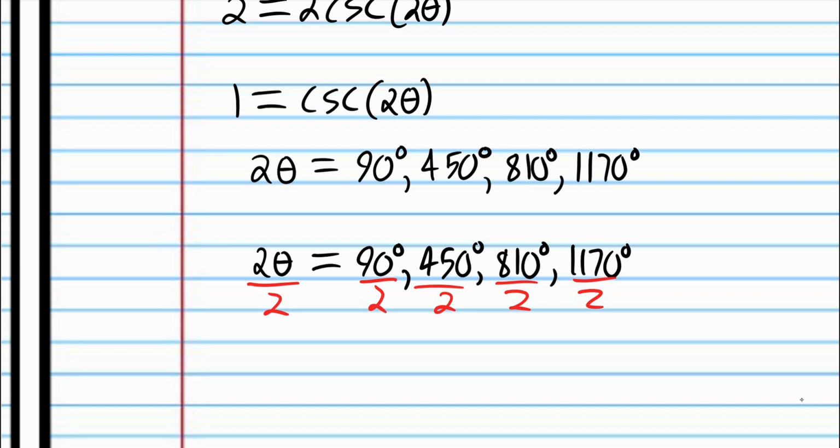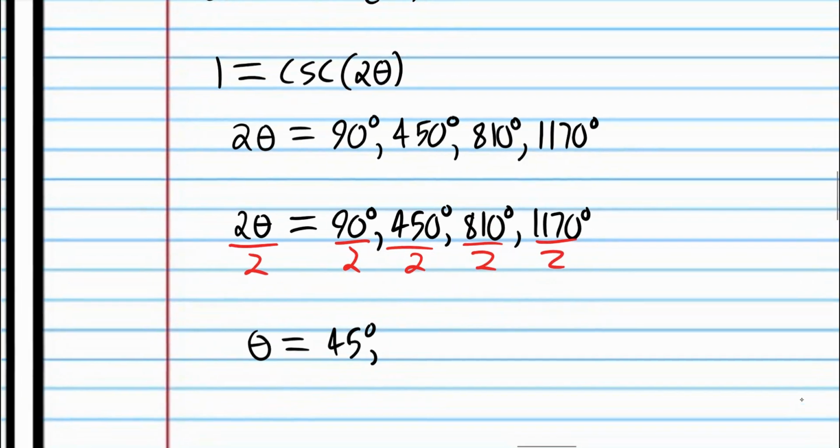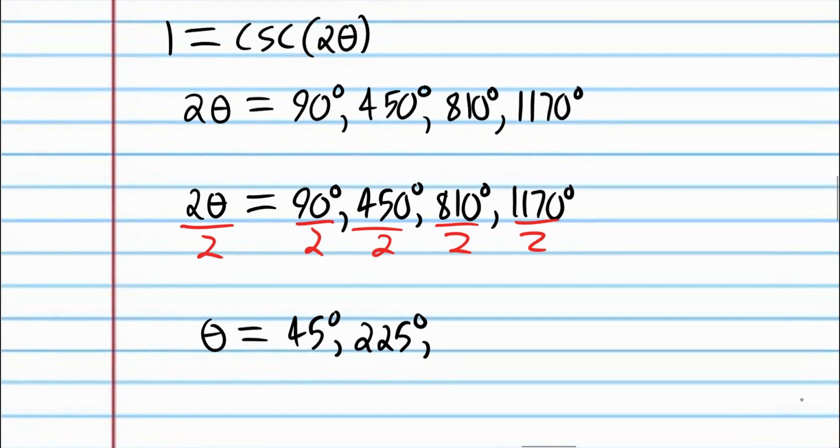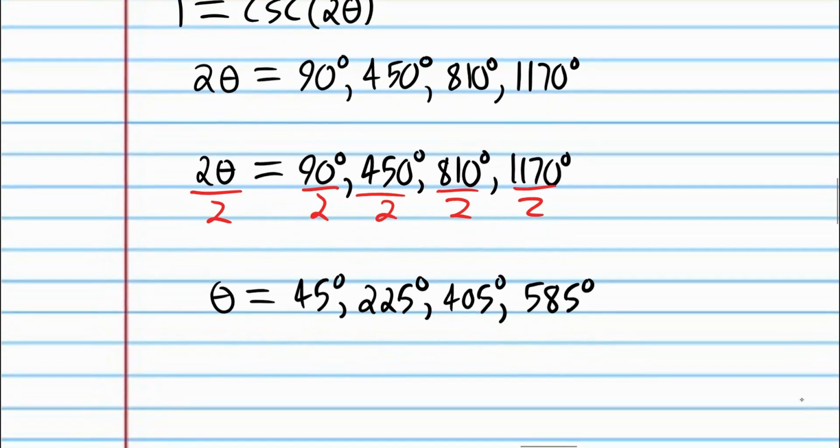And so 90 divided by 2 is 45 degrees, and 450 divided by 2 is 225 degrees. 810 divided by 2 is 405 degrees, and you can see that those are not solutions. 1170 divided by 2 is 585. Those solutions are too big, so we're going to get rid of those. So our final solutions are 45 degrees and 225 degrees.